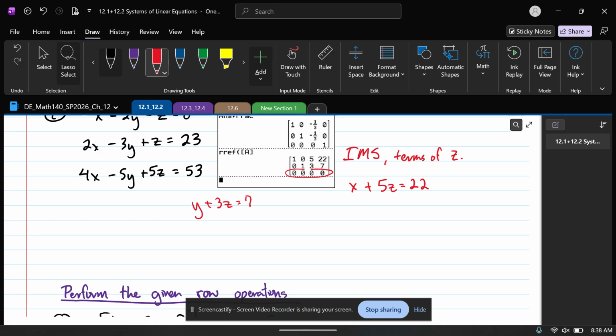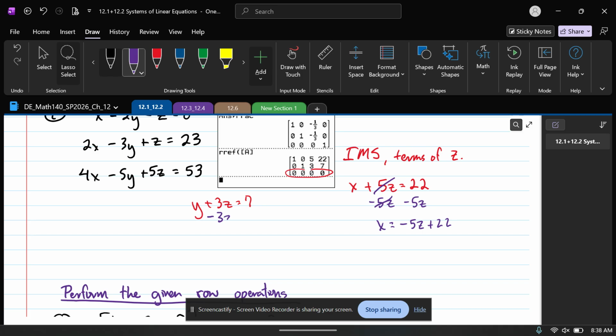If I want that in terms of z, that means I want z in my answers. So for the x plus 5z, I'm just going to move the 5z over. And there's x equals negative 5z plus 22.